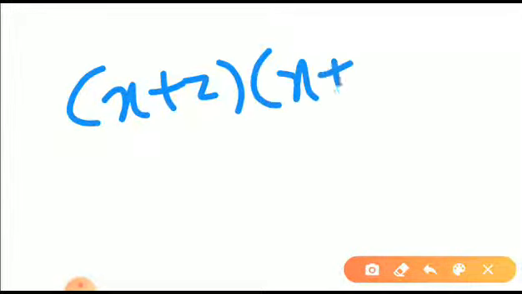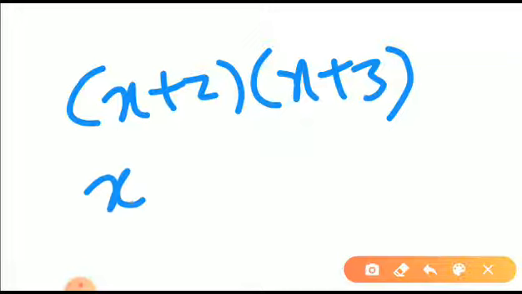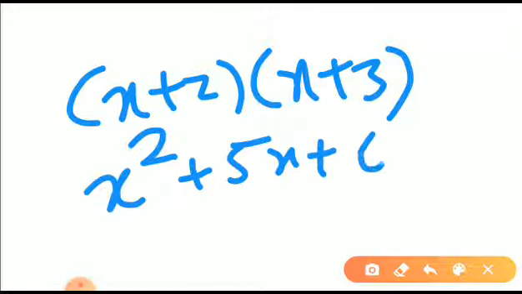So you write now any polynomial. Suppose I say x plus 2 and x plus 3. Now x plus 2 into x plus 3, if I do, I'll get the polynomial as x square plus 5x plus 6.